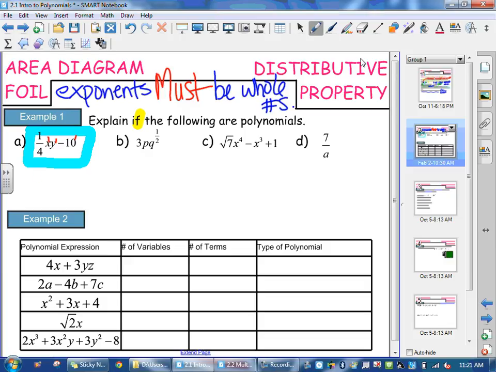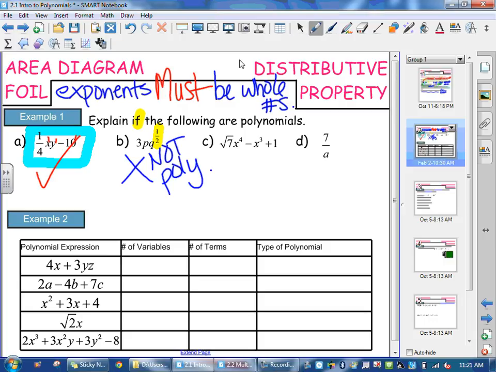So this one is a polynomial. This one, however, the next one, what do we notice about its exponent? It's a fraction. We can't have negatives or fractions. So this one is not a polynomial. Does it still exist? Yep. But it's called a rational expression that you're going to deal with in grade 11 and 12.